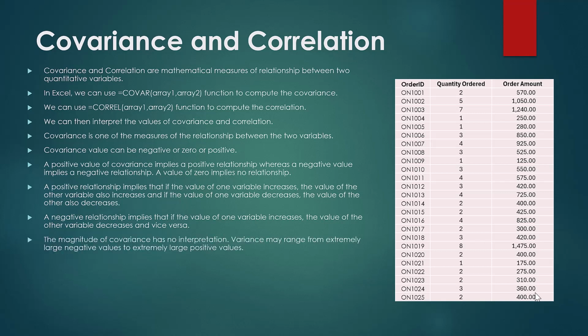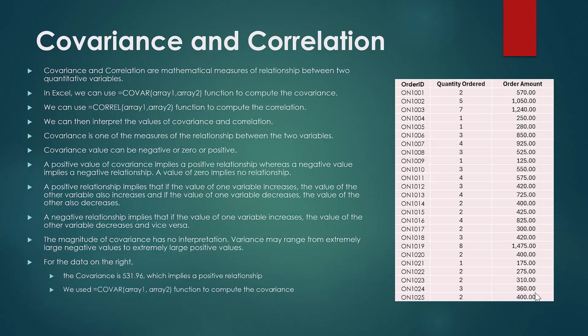Now, the magnitude of covariance has no interpretation. Covariance may range from extremely large negative values to extremely large positive values. The value of covariance really depends on the units of data used. So for the data on the right, the covariance comes out to be 531.96, which implies a positive relationship.